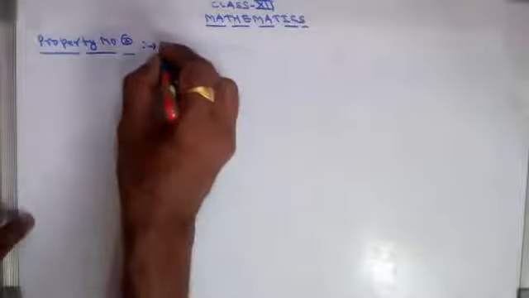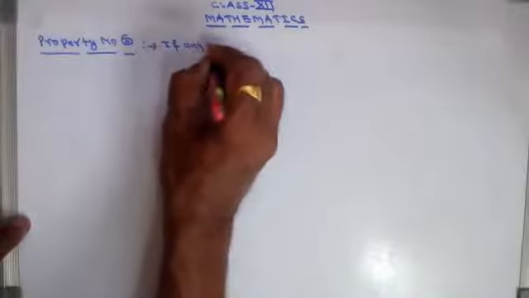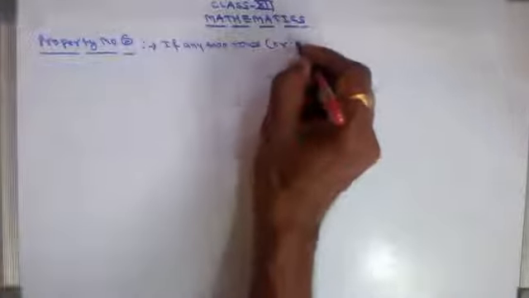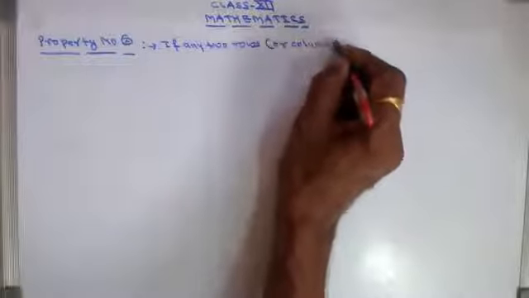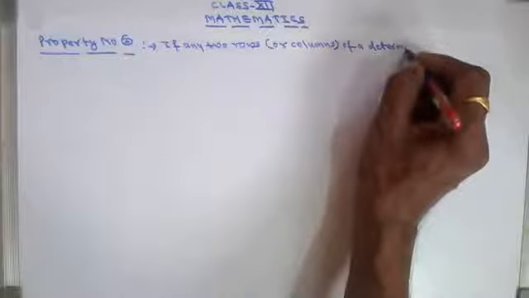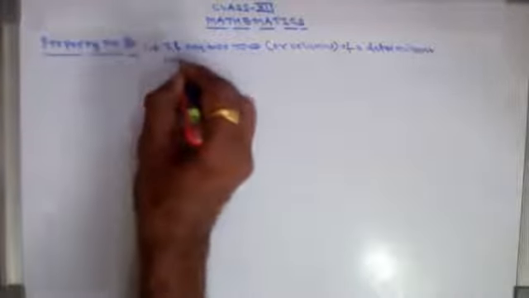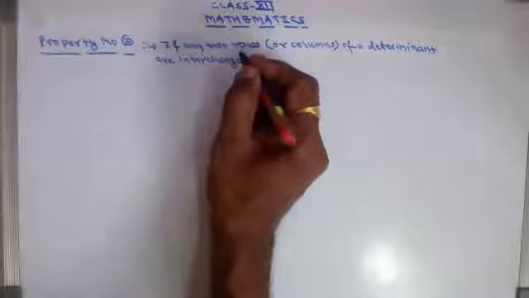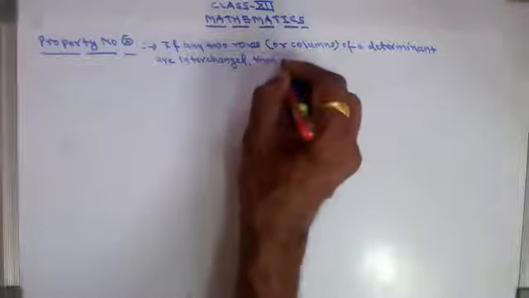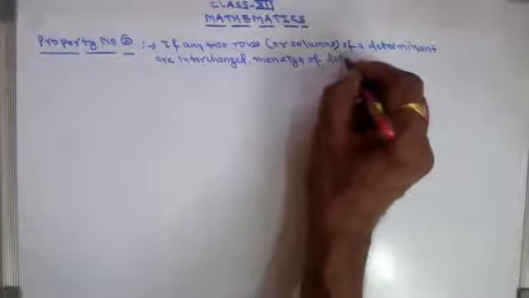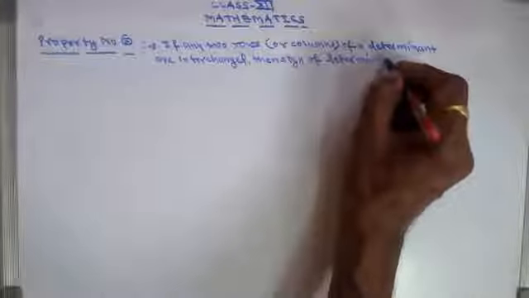If any two rows or columns of a determinant are interchanged, then sign of determinant changes.